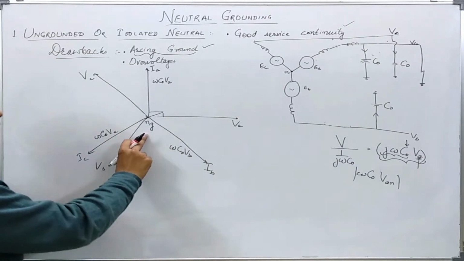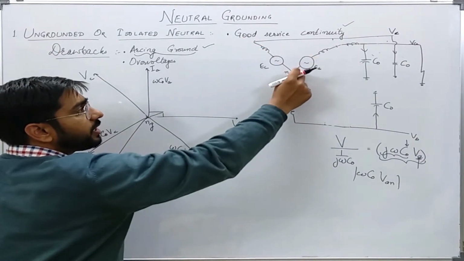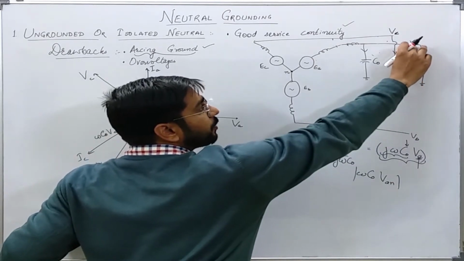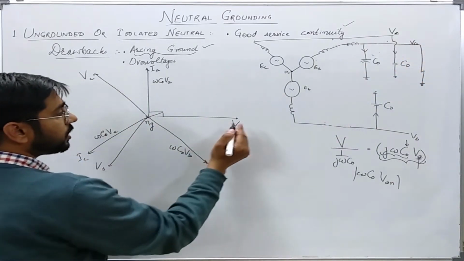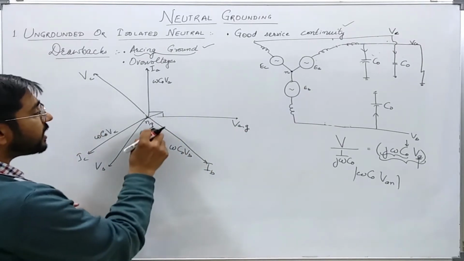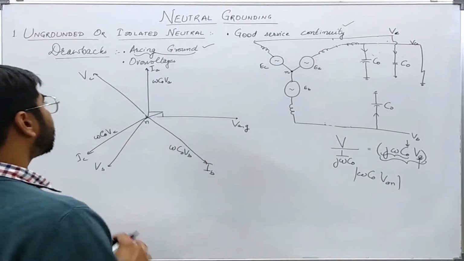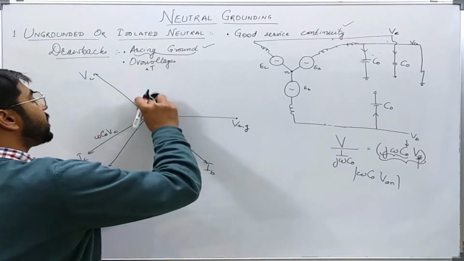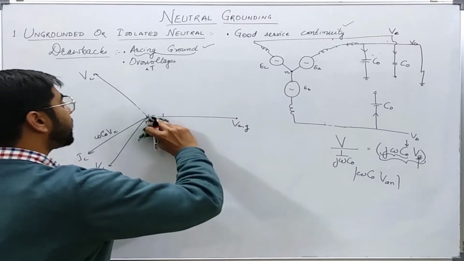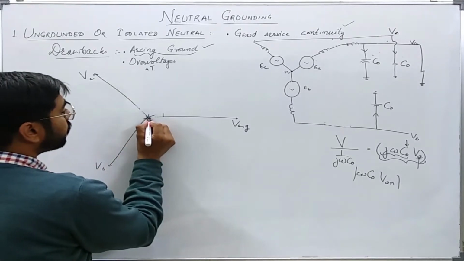The neutral is staying here only because it is the interconnection of these three voltage sources, but the potential of ground is now equal to the potential of point A. So the ground has shifted to this point and neutral is staying here. When phase A is directly connected to ground, the ground has shifted to A.